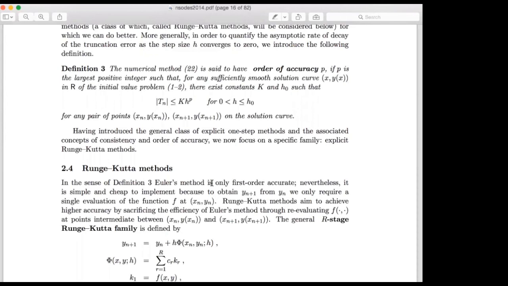If you are aware of the Gaussian quadrature formula for the integral, he used that concept, and he introduced the fictitious node between xn and xn plus 1, and took that into consideration. Using that he increased the degree of the polynomial which approximates the function, and in that way he got better accuracy.